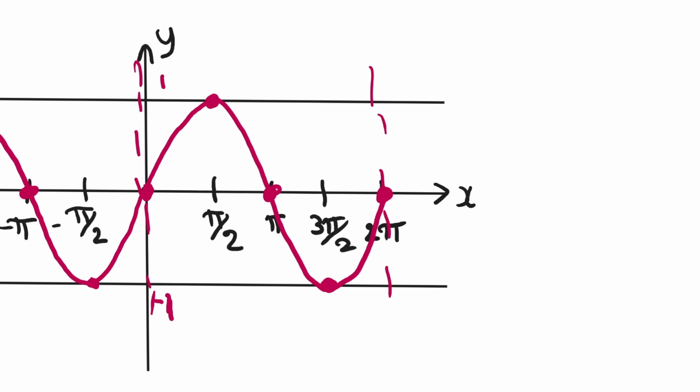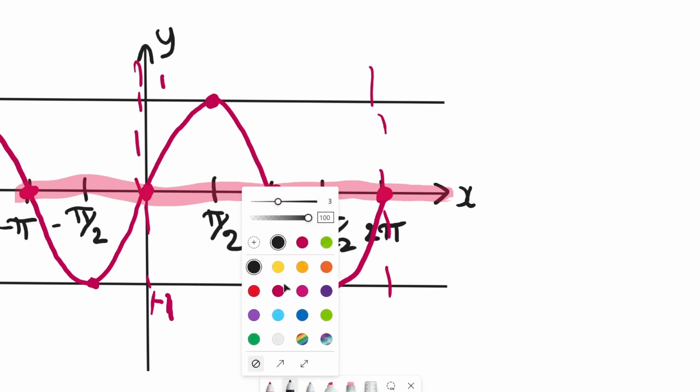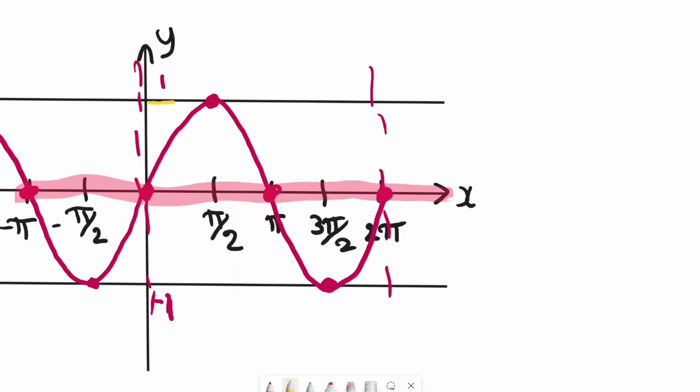And so again, let me use a highlighter here so we can see. This is my midline. And so from the midline to the top of my graph, or the midline to the bottom of my graph. So there's the top of my graph, and then here is the bottom of my graph, right? So this is what we call the amplitude of the graph.